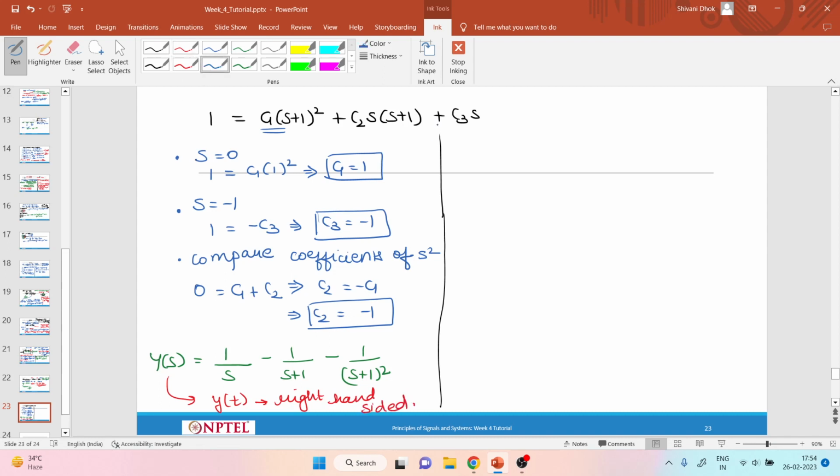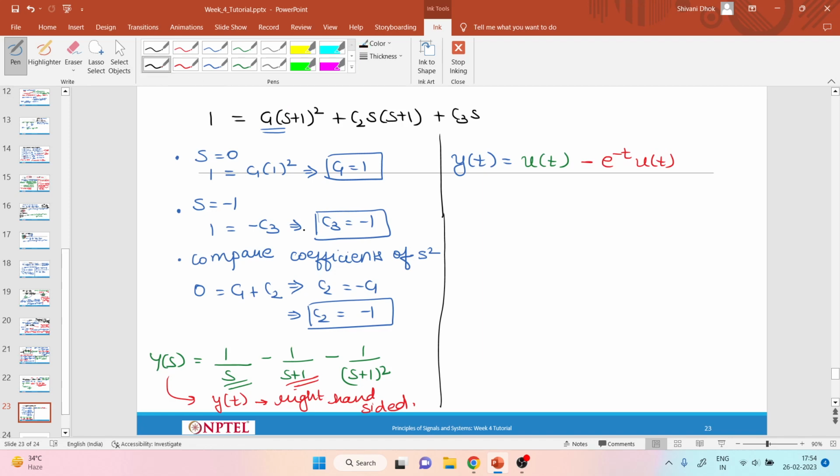If I take the inverse Laplace transform, then y of t will be equal to this part, 1 by s will contribute to u of t. Then this part, minus 1 upon s plus 1, will contribute to e power minus t u of t, and we already have a minus sign here.